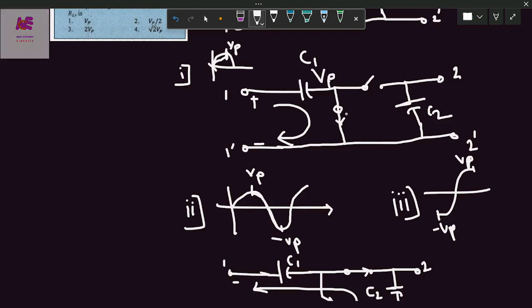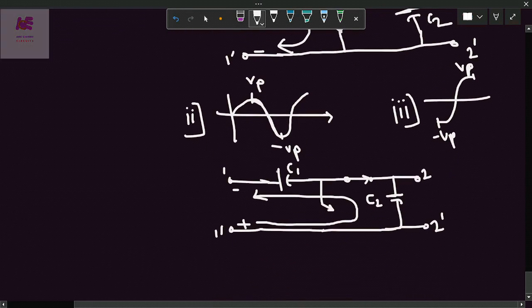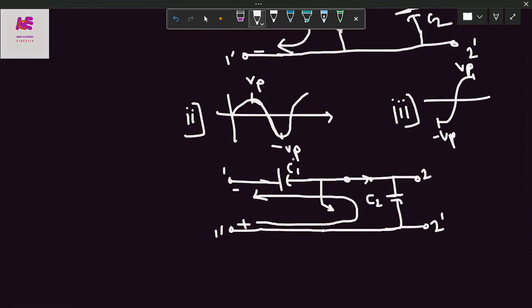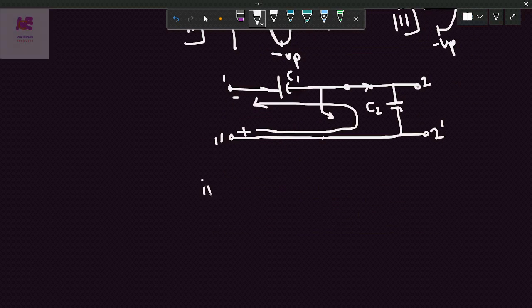So diode will be short circuited and the capacitor C1 again starts charging till Vp. And for the next cycle the same thing will happen. Capacitor C1 discharges till minus Vp, and C2 charges again, from Vp to minus Vp. So total charge across the capacitor C2 will be 2 Vp, and we can calculate theoretically.